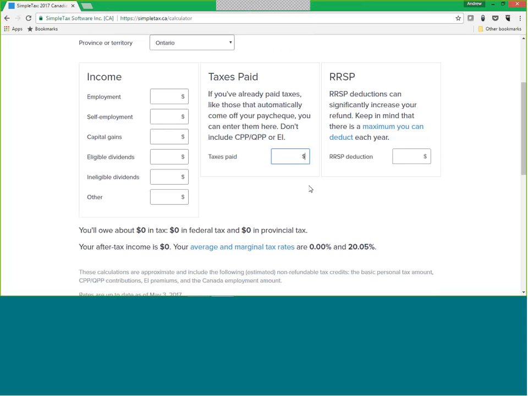The taxes I will pay is $28,183. If I am a corporation and my corporation makes $100,000 of profit, I pay $15,000 of taxes. Do you understand?